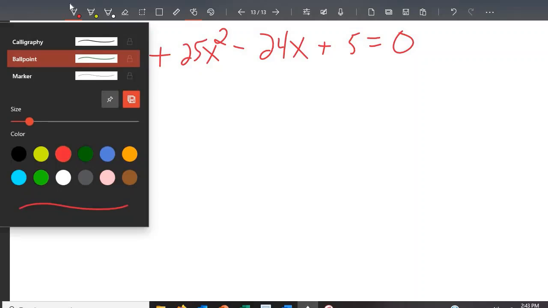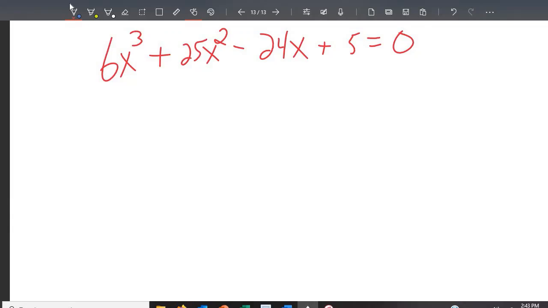Okay, now here comes the possible. You got to list out your possible roots. There's a question on the final where it just says list the possible roots. So remember, it's always the factors of the last number divided by all the factors of the first number.